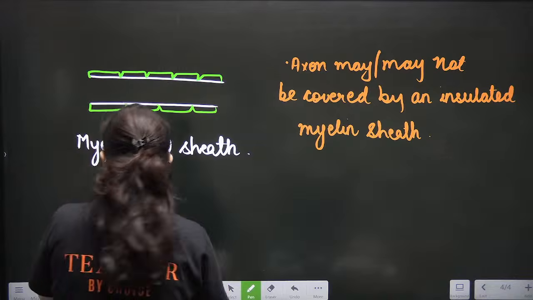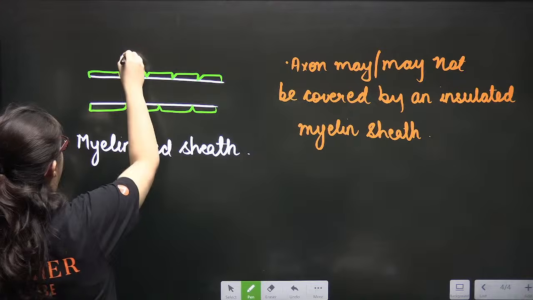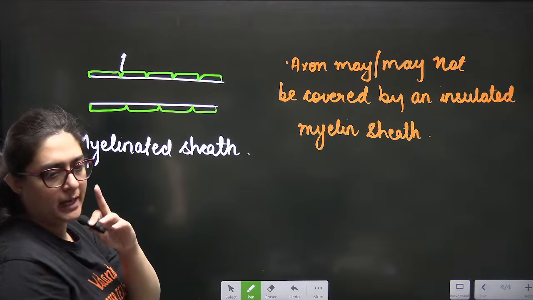So it is a point where myelin sheath is not present. This green area is myelin sheath.